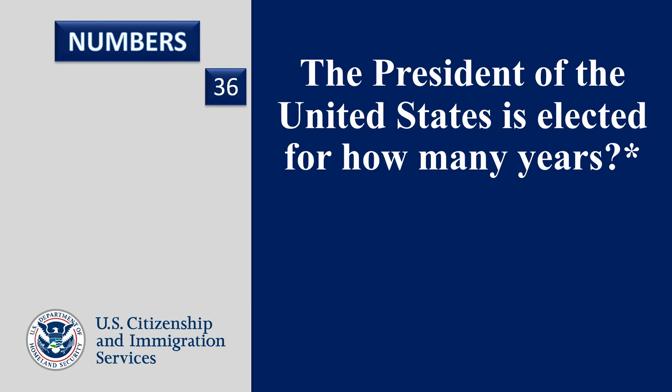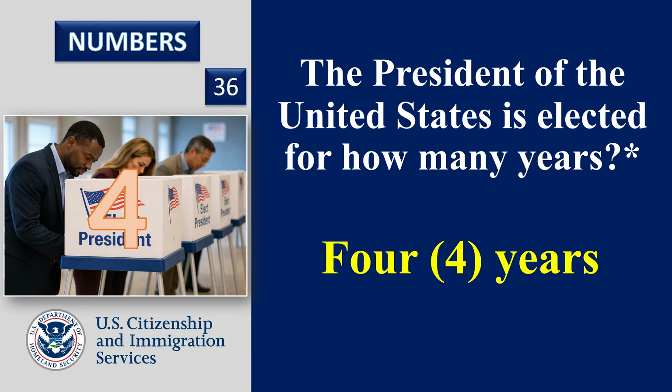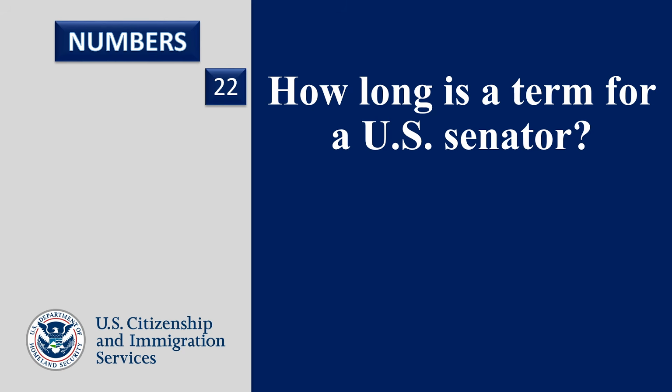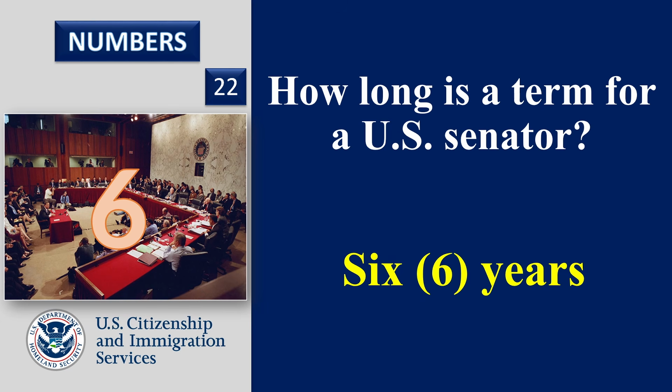The President of the United States is elected for how many years? 4 years. How long is a term for a U.S. Senator? 6 years.